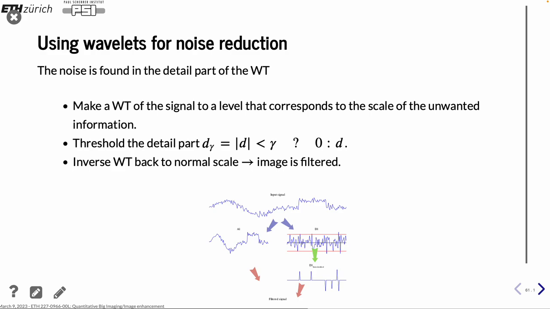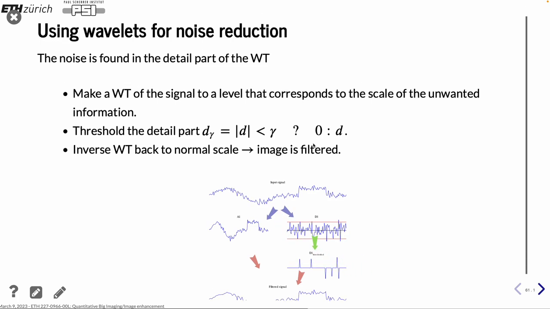So how do we use this now for noise reduction? The idea is that we look at the image, do a decomposition to some level, and then do some thresholding and say that all the details that spike over some threshold are what we want to keep, because they have enough energy to actually be an image feature. After the thresholding, we get this kind of trend, detail.